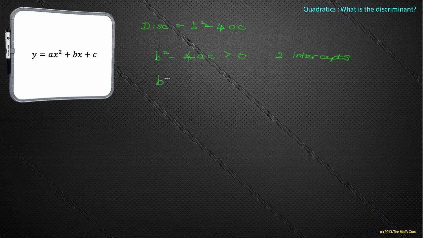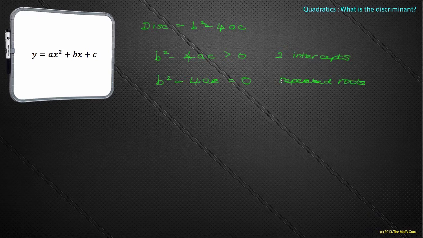If b squared minus 4ac is equal to 0, then what we know is it just touches. It has, well, we'll call it at the moment, a repeated root.